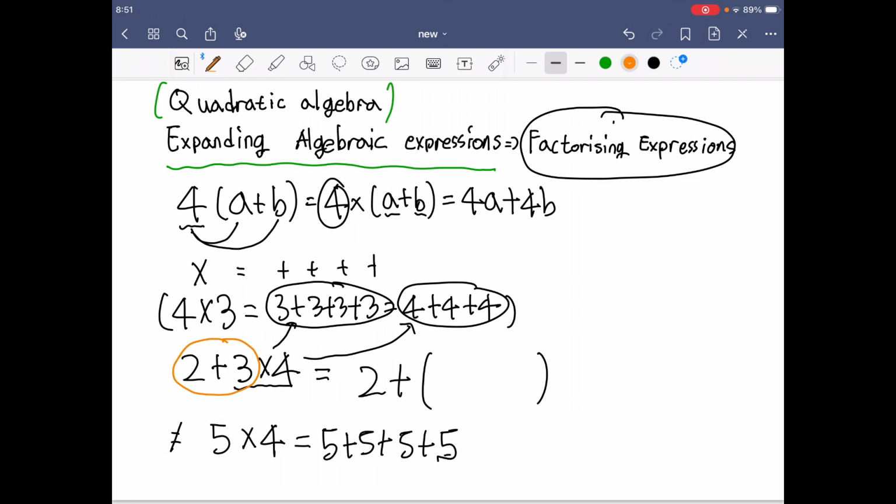We should have calculated 4 of 3's, but we have only 1 2 here. However, if you do 2 plus 3 first, then it somehow makes 4 of 5's. So it's like you add 2 to each term, these 4 3's. So that's why those two are not the same. You have to do the multiplication first.